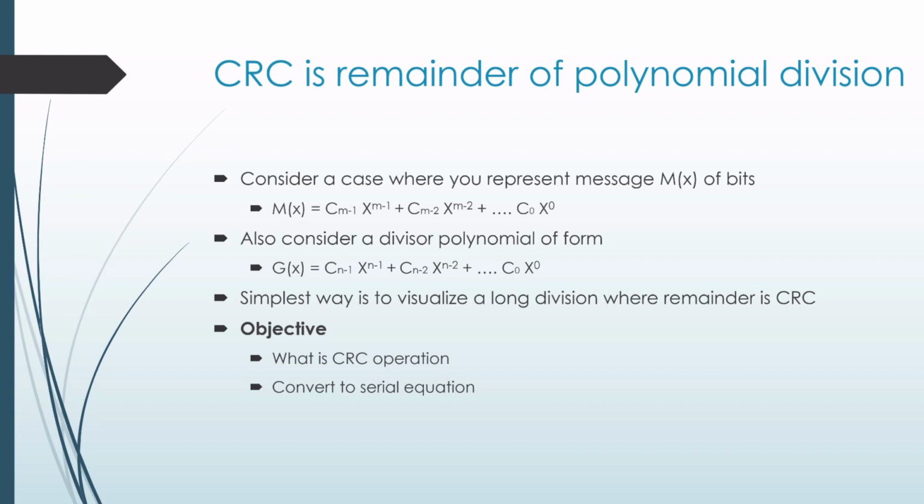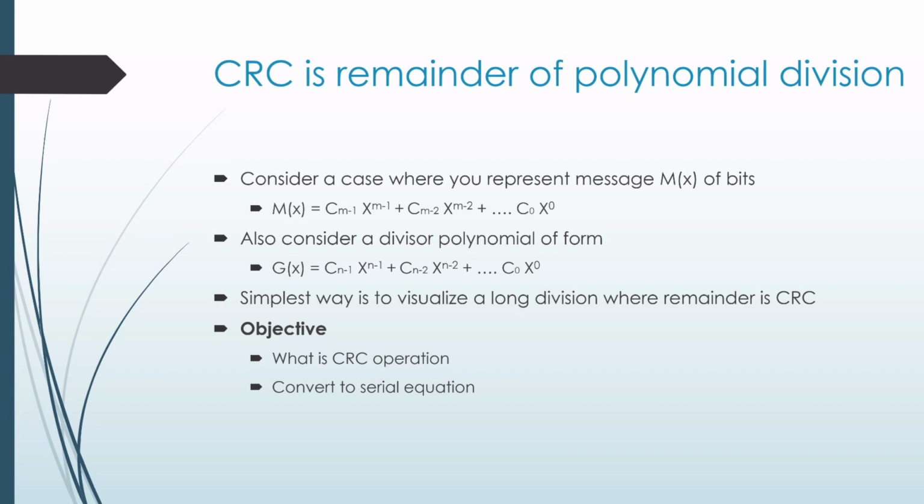And on the divisor, the bottom half of the division, what's in the denominator is what is called the generator polynomial. The generator polynomial is just another number. Assume that these constants are basically ones and zeros, never anything other than one and zero. So now if you divide this message by this generator polynomial, what remains is the CRC.